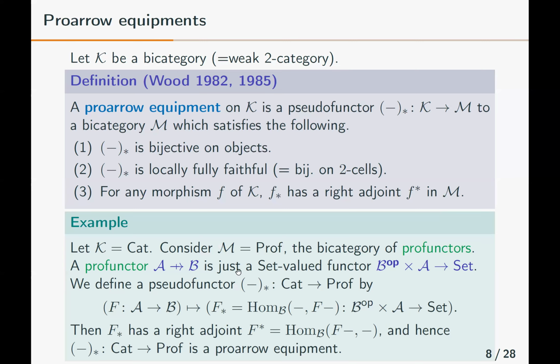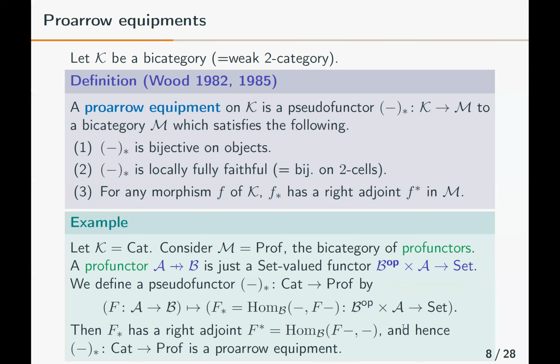A profunctor from A to B is simply a set-valued functor B^op × A → Set. With a functor F, we associate the profunctor given by Hom(-, F-) like this. This is a profunctor from A to B.